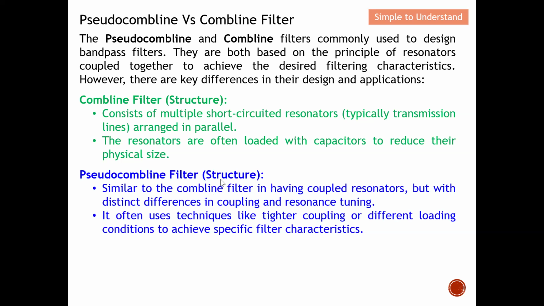So basically, they are the same as the Combline filter, just having coupled resonators, but with distinct differences in coupling and resonant tuning, which we are going to do with an example later on. It often uses techniques like tighter coupling or different loading conditions to achieve specific filter characteristics. So basically this is in terms of the structure, which I have highlighted.